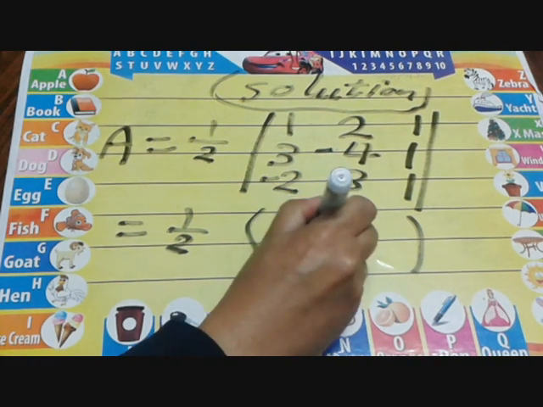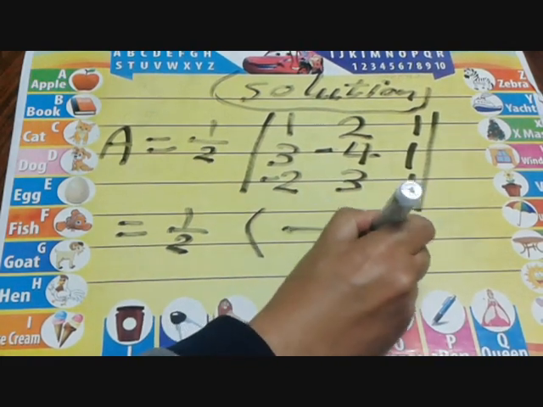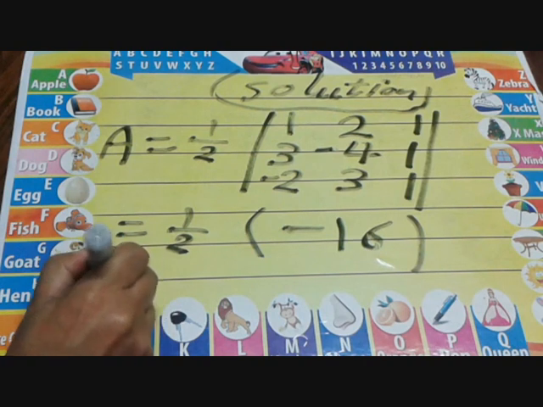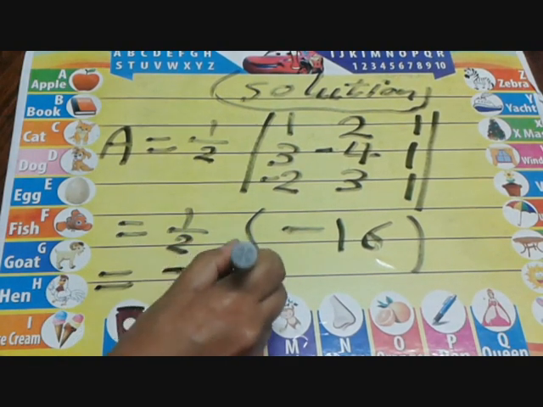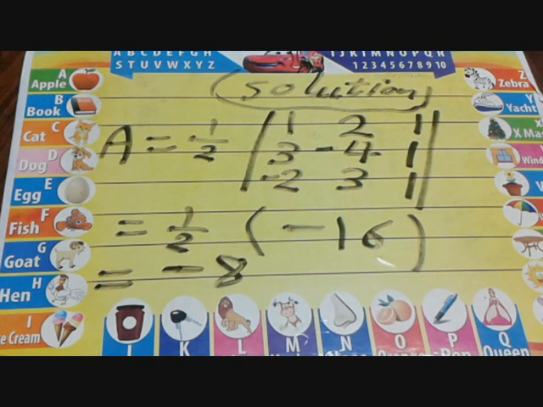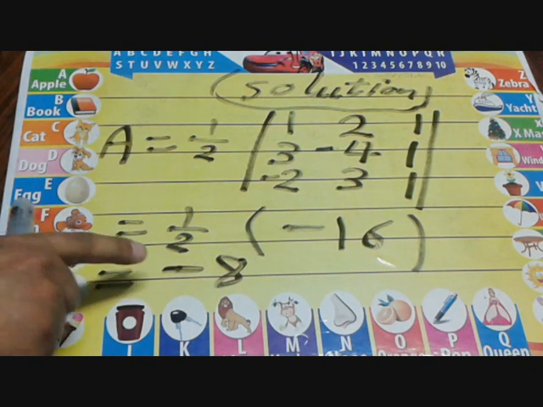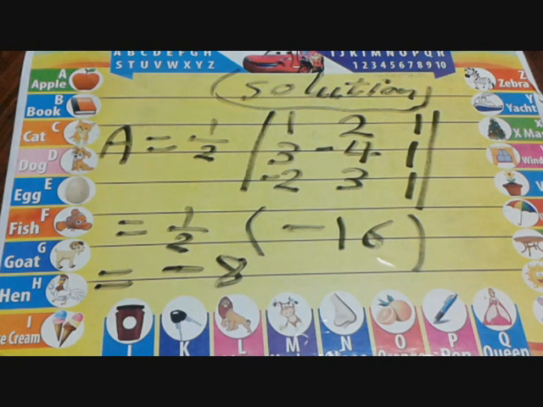Negative 16 equals negative 8. We take the absolute value of negative 8.